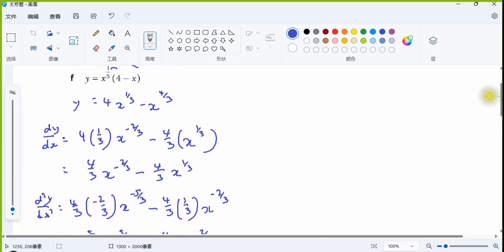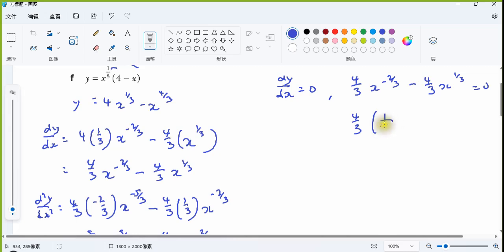Okay, then when we have dy/dx equal to 0, then we will have 4 over 3 x power negative 2 over 3 minus 4 over 3 x power 1 over 3 equal to 0. So we will have 4 over 3 and then 1 over cube root of x squared equal to 4 over 3 cube root of x.